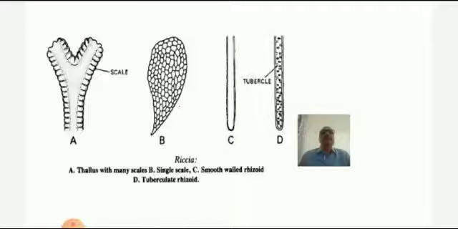The tuberculate rhizoids have peg-like outgrowths which arise from the inner surface of the walls. Rhizoids attach the thallus to the substratum and absorb water and solutes from the soil.